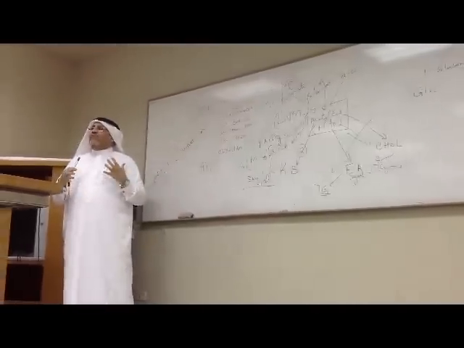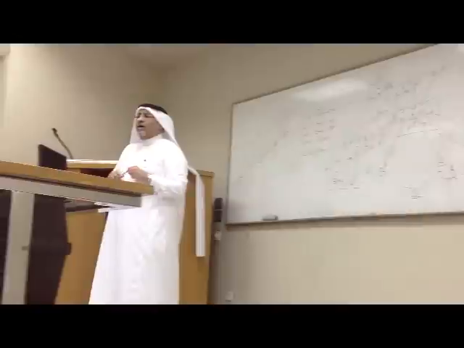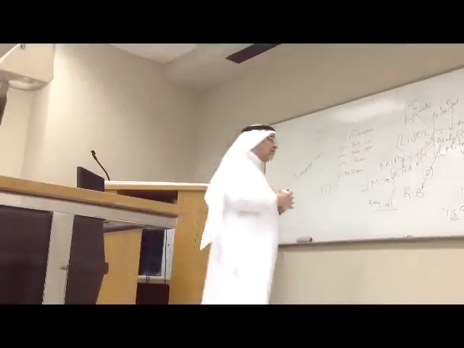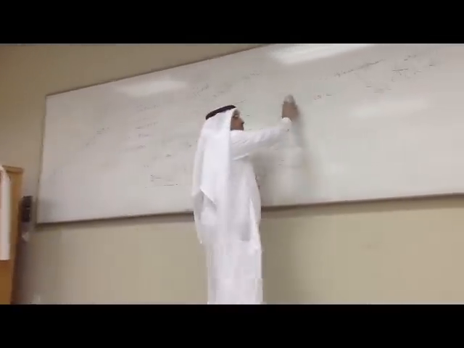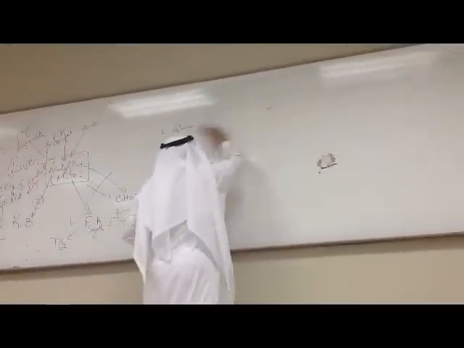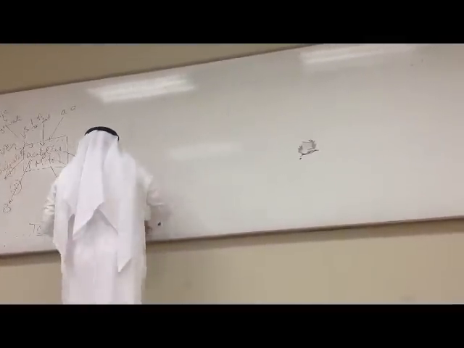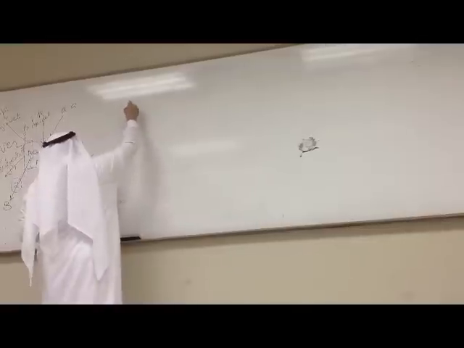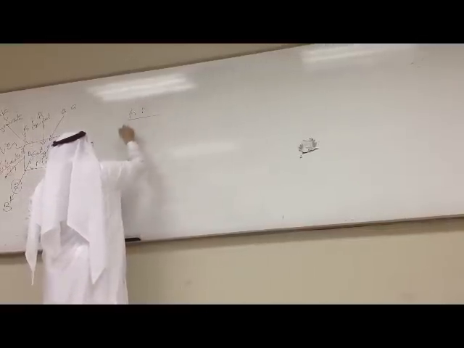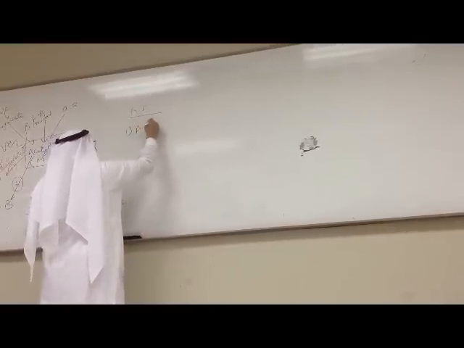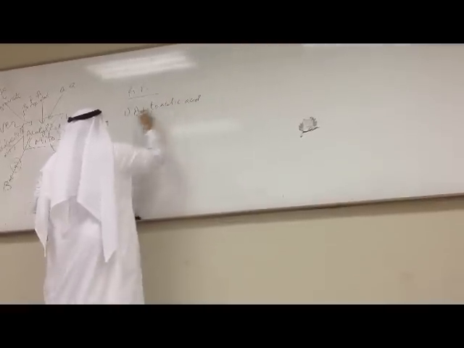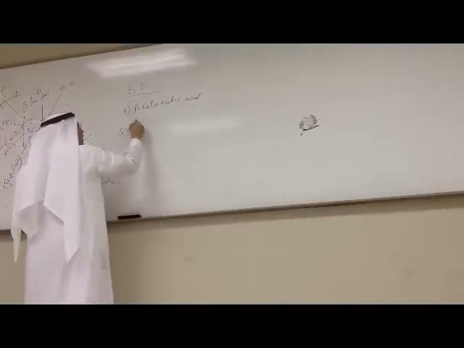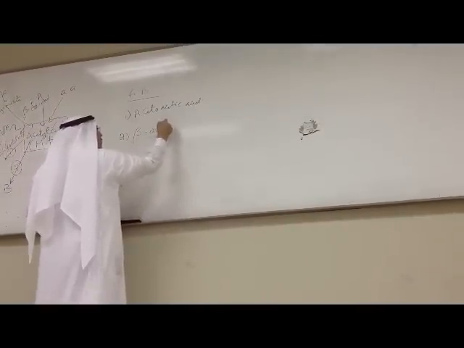So now we end up with ketone bodies. Let's see what the ketone bodies are. What are the ketone bodies we are talking about? We have one ketone body called acetoacetic acid. The second one is called beta-hydroxybutyric acid.